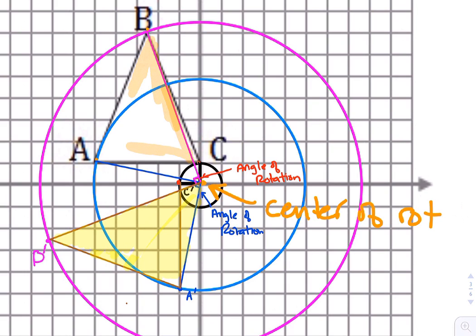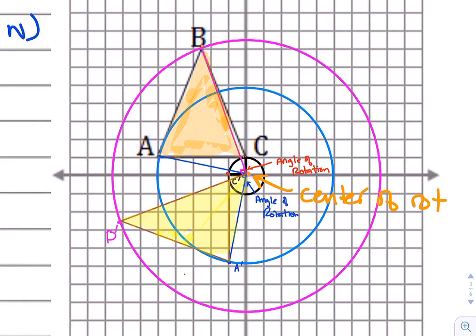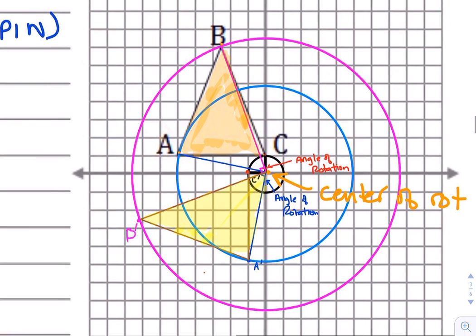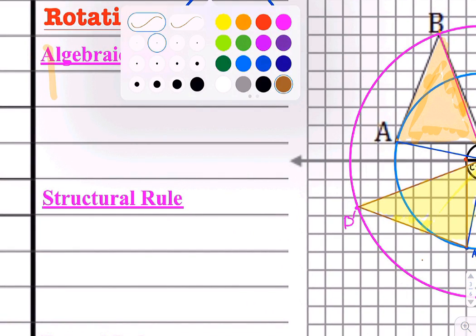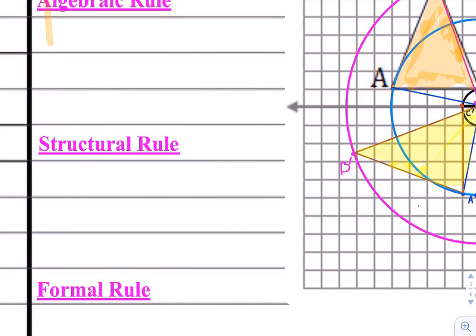So the structures we're talking about, the important pieces, seem to be two things. One, we have to have a center of rotation, which serves as the center of a bunch of circles that include the vertices. And then we need an angle of rotation as well. And so let's record that information here. So the structural rule, the things we actually need, are a center of rotation.